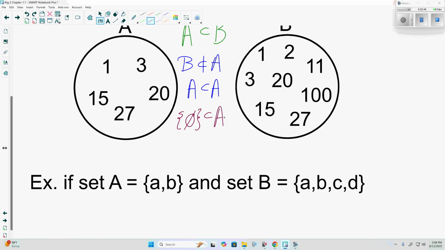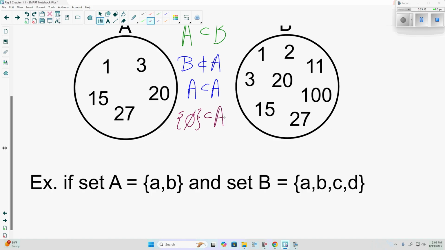Oh yeah. The way I think of it, especially today, if we think of this classroom, if we literally took everything out of this room, would it still be a part of the high school? Yeah, so this is still a part of set A. Even if it contains nothing, it can still be a subset of A. The empty set can be a subset of any set.